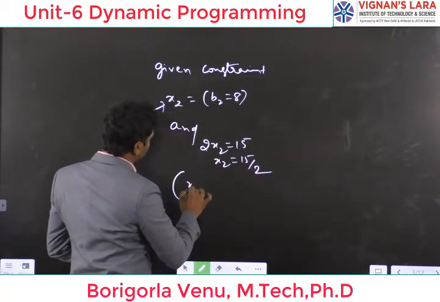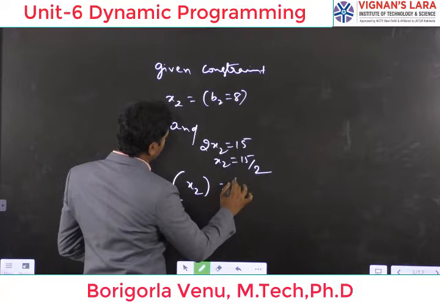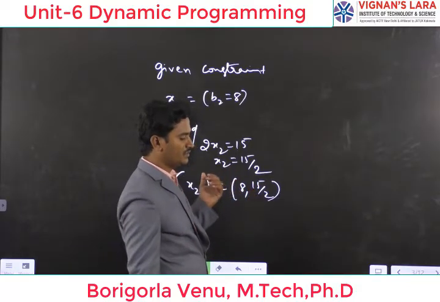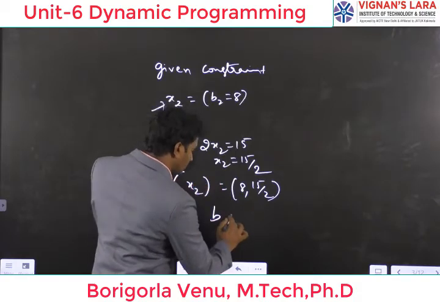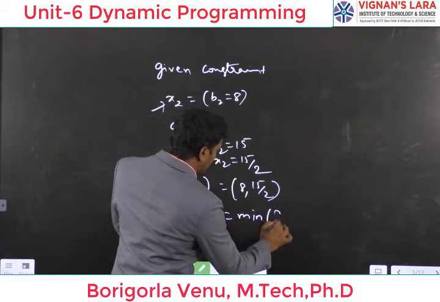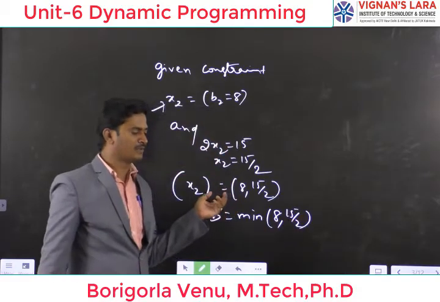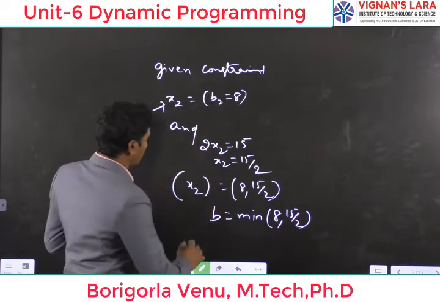From this we get the x2 values 8 comma 15 by 2. Here we get two x2 values. b is equal to the minimum of 8 comma 15 by 2. Which one is the minimum? 8 is the minimum.